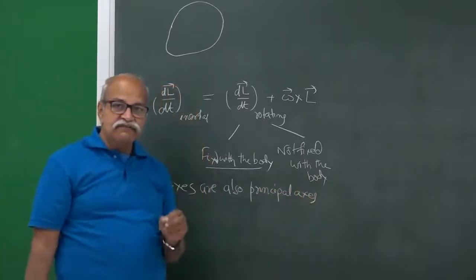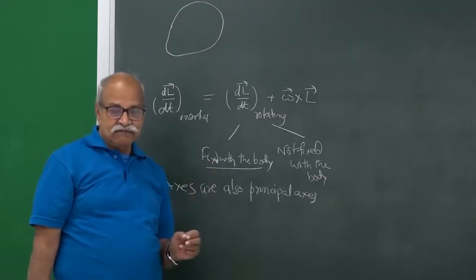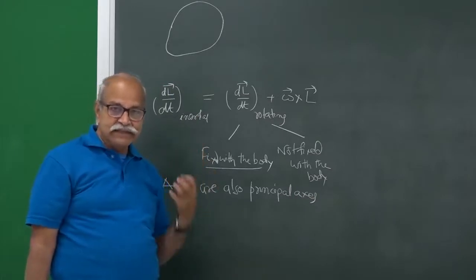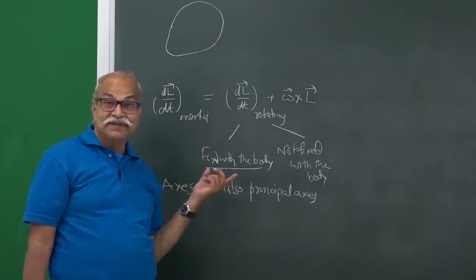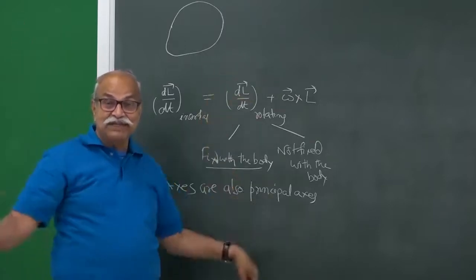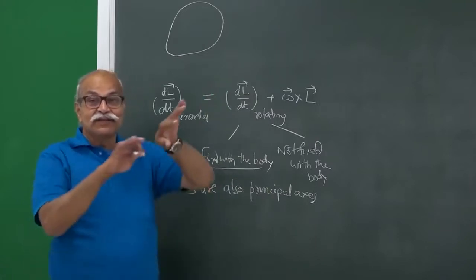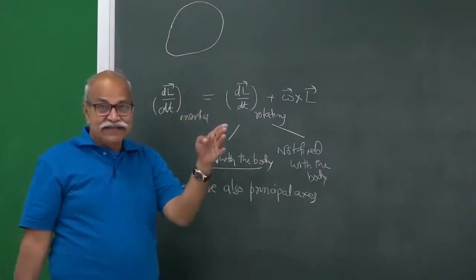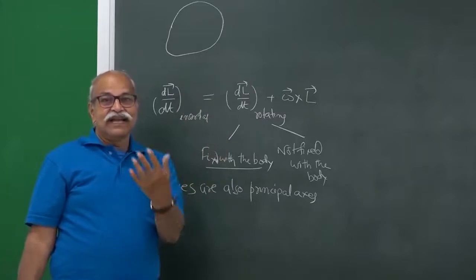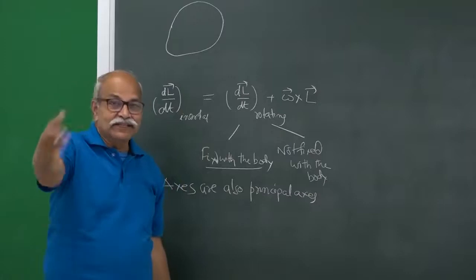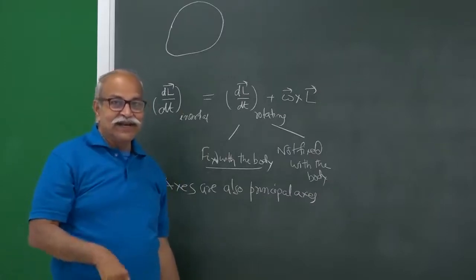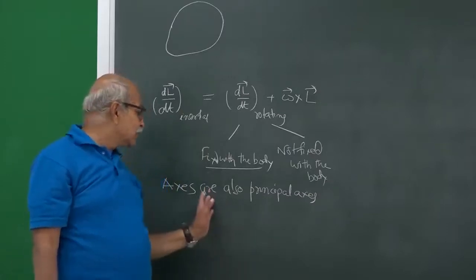If you have x, y, z axes, and in that axis system the product of inertia terms are all 0. You have 9 components of moment of inertia, 3 on the diagonal, which we write I_xx, I_yy and I_zz, and then the off diagonals which we write I_xy or I_yx or I_xz and so on. Those are products of inertia.